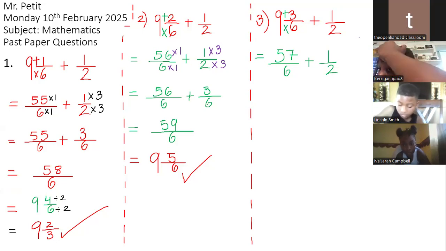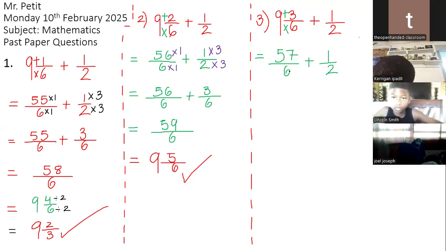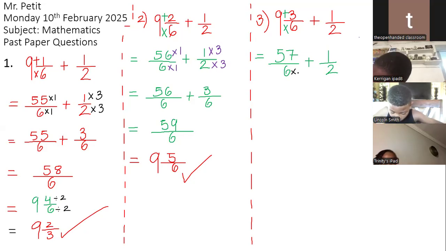So the LCM, right? The LCM is going to be 6. And so we have to ask ourselves, what times 6 is going to give me 6? 1. So we multiply this by 1.